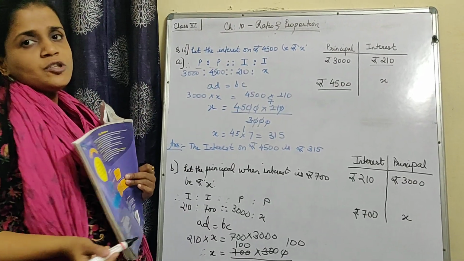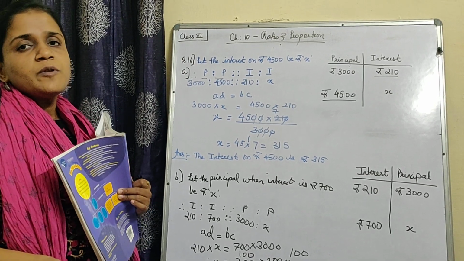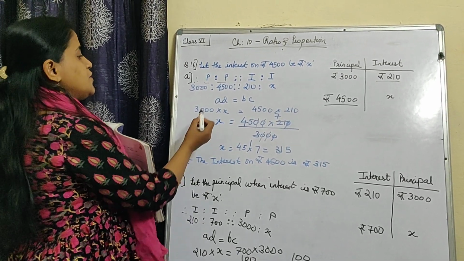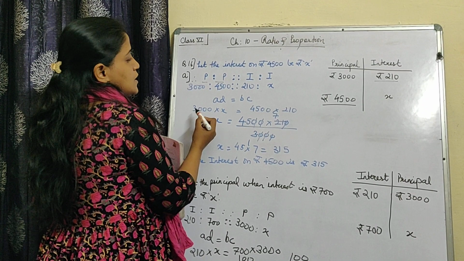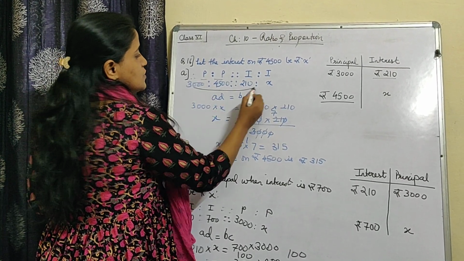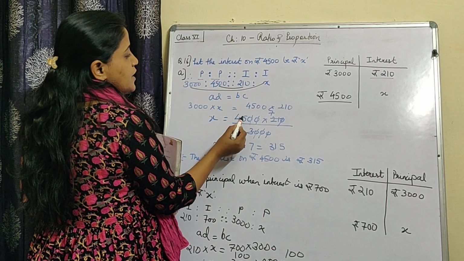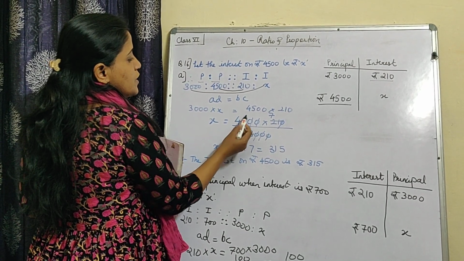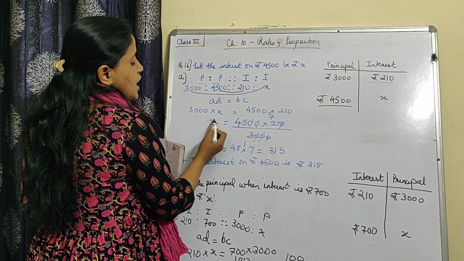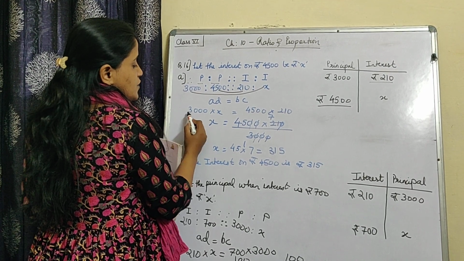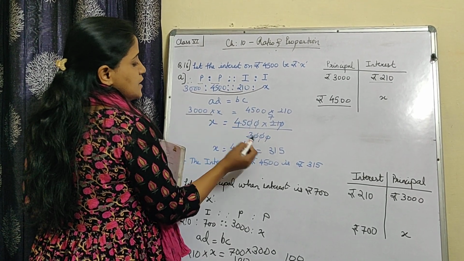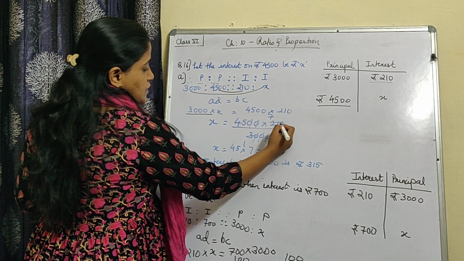So for proportion, what is the condition? For proportion, the condition is that AD should be equal to BC. So AD means 3000 into X. It should be equal to 4500 into 210. So we have to find the value of X. So into 3000 will go to that side and it will become upon 3000.